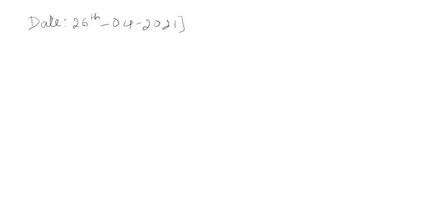Now the general form of a linear equation in two variables is this. This is the general form. Here a, b and c are any real numbers, right? And x and y are the variables.